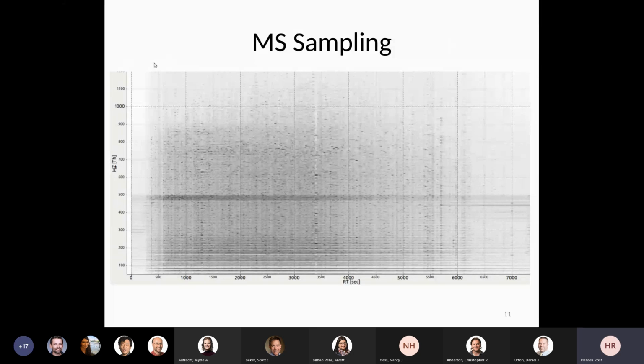So when we started looking at this problem for the first time, we looked at it as a sampling problem in 2 dimensions, with mass to charge in 1 dimension, and retention time in the 2nd dimension. And so the task is now to sample at specific points in this two-dimensional space in order to produce fragment ion information.